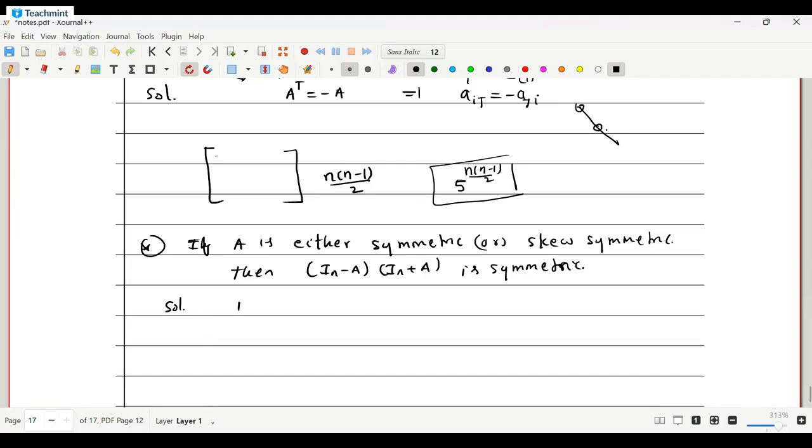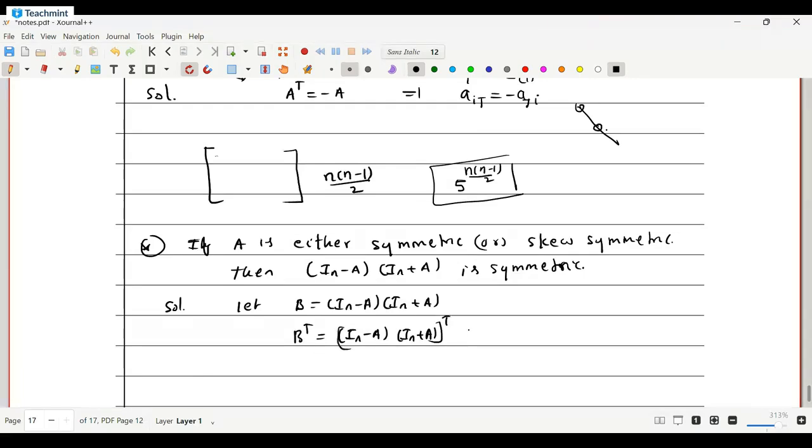Solution. Let us assume that B is equal to In minus A into In plus A. So what is B transpose? B transpose equals In minus A into In plus A whole transpose.